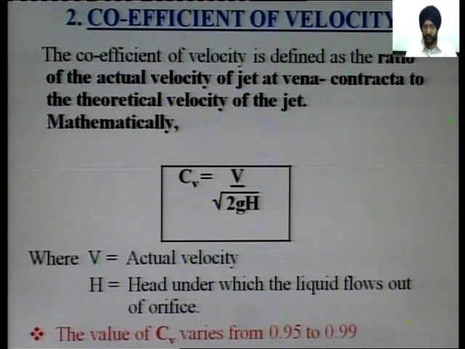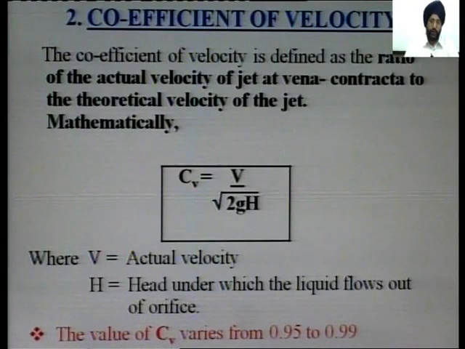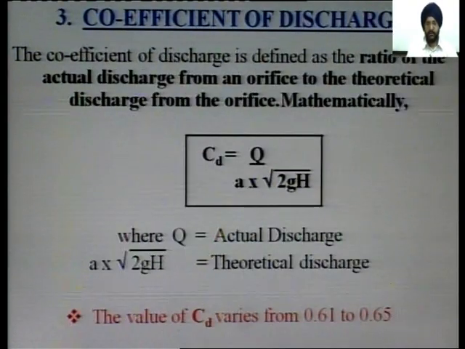Now, under root 2gh is the theoretical velocity, V the actual one, and h is the head under which the liquid flows out of the orifice. Regarding the values of Cv, the values vary from 0.95 to 0.99. So, this is the range of Cv.